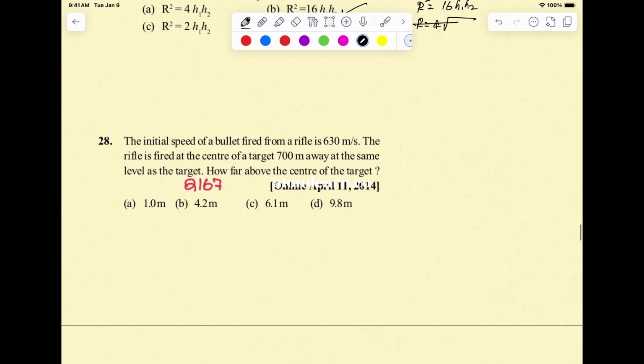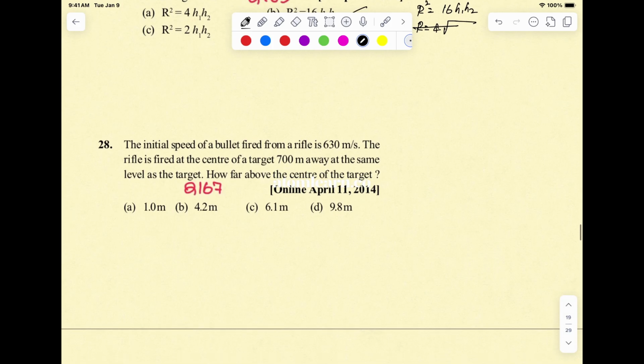Next question. The initial speed of a bullet fired from a rifle is 630 meters per second. The rifle is fired at the center of the target 700 meters away, at the same level as the target. That means this horizontal range is 700 and the initial speed is 630.